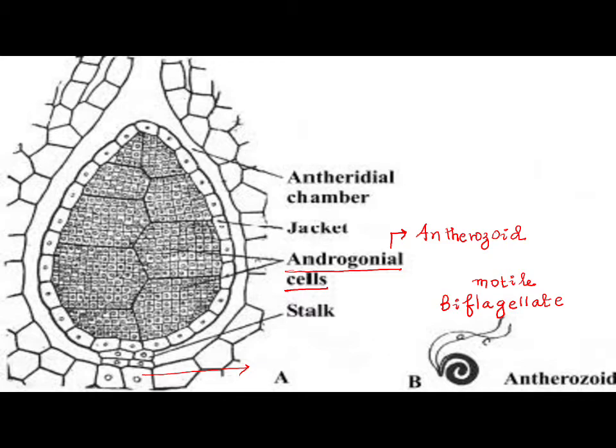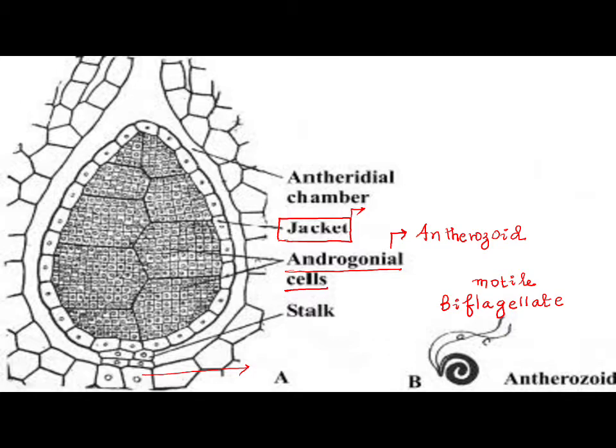Now I want you people to remember this character here. It is jacketed. This is protection to the sex organ because the plant came out of water and is surviving. Got it? The plant came out of water and it is surviving.